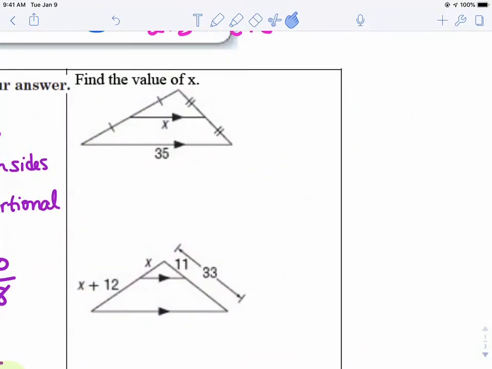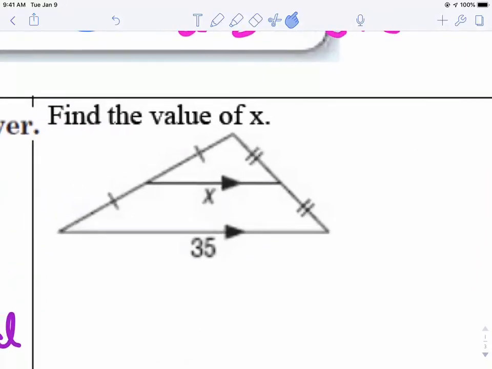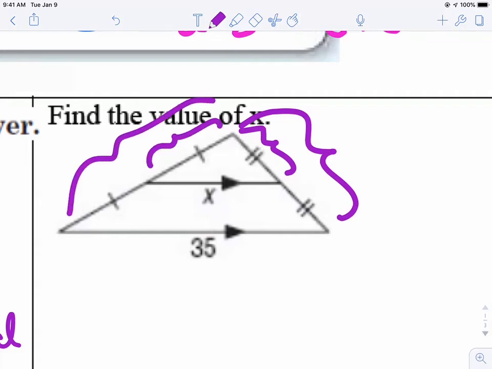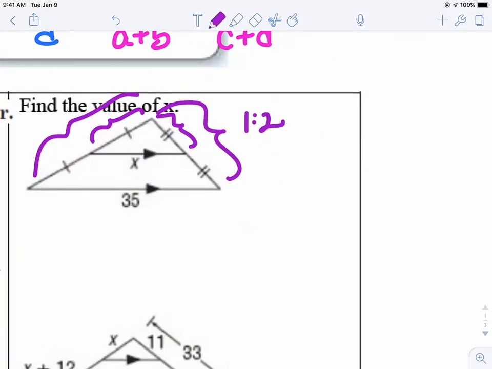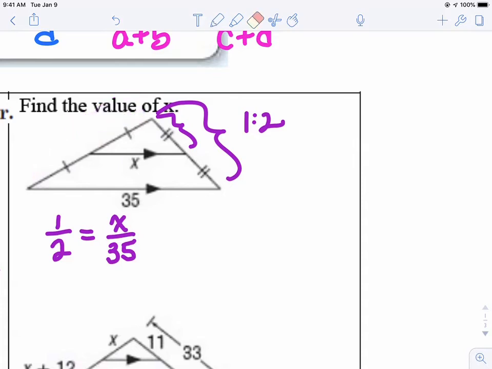Okay, and then two more little questions here. On this one, notice that this is a 1 to 2 ratio. Same thing over here. This is a 1 to 2 ratio. So you could say 1 is to 2 as x is to 35. Now again, I'm using the whole entire side of the triangle because this triangle here is similar to the triangle here because we have angle-angle similarity.